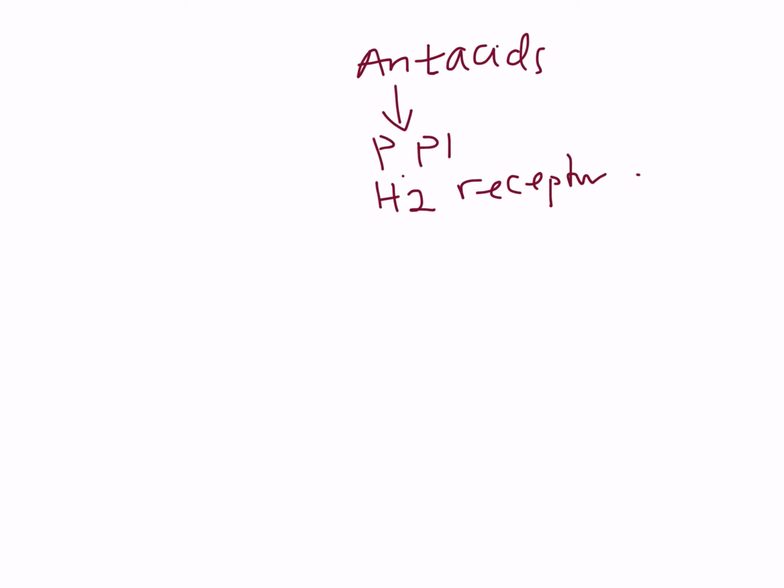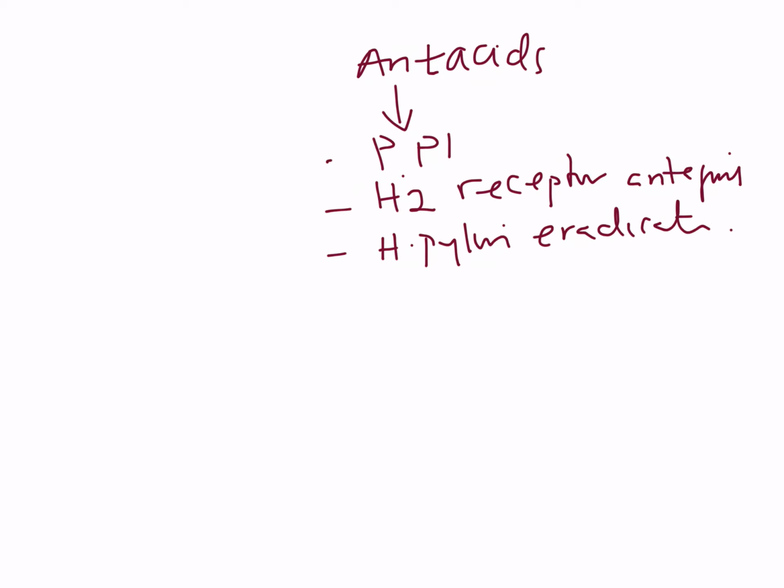So now let's see the sequence of this treatment. First, you start with antacids. And then you give PPIs, H2 receptor blockers, and also, if there is long-term medication or positive, you do H. pylori eradication.